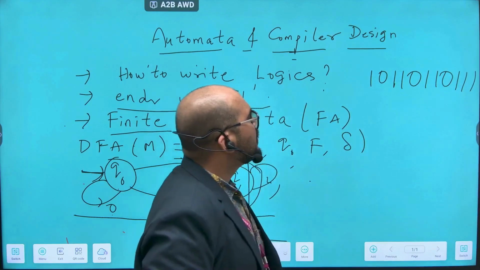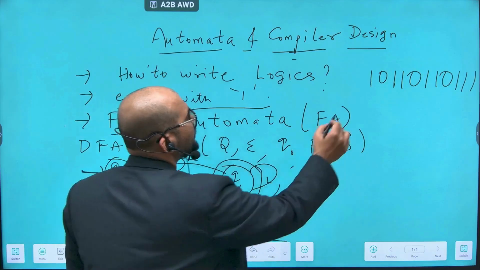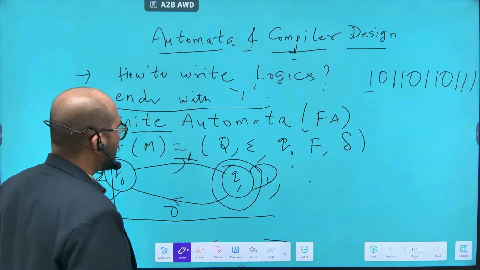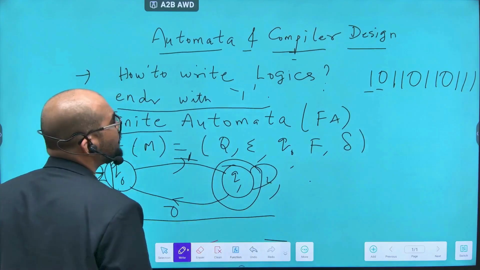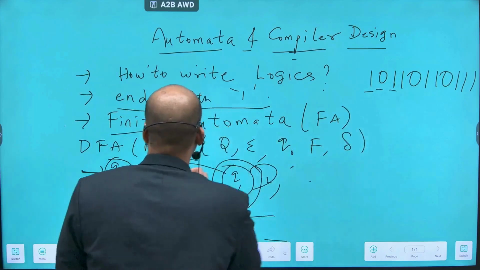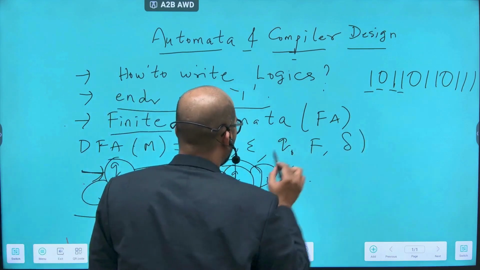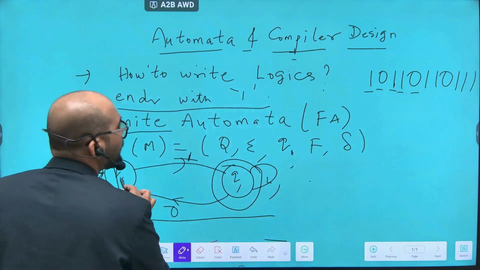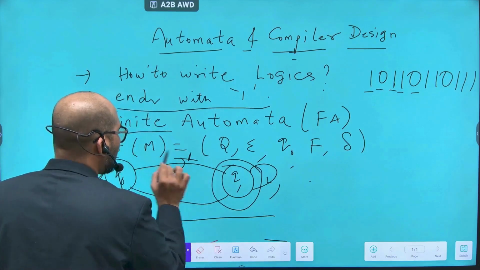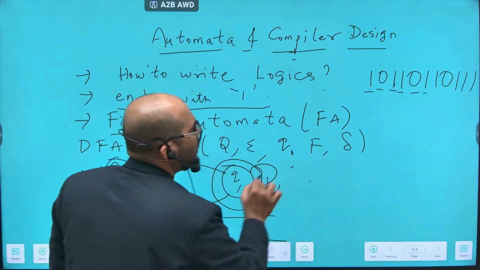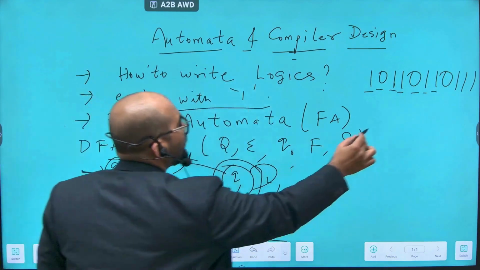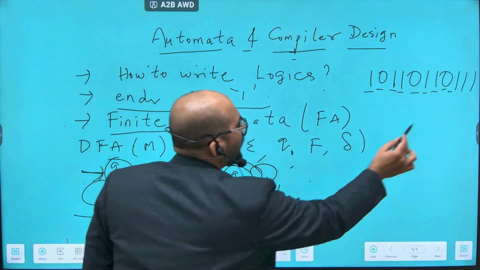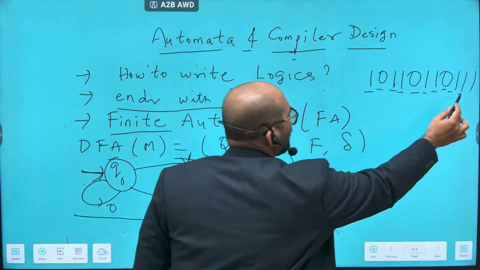Taking the first input symbol 1, next 0, next 1, next 1, next 0, next 1, next 1, and it's a self move on 1, 1.